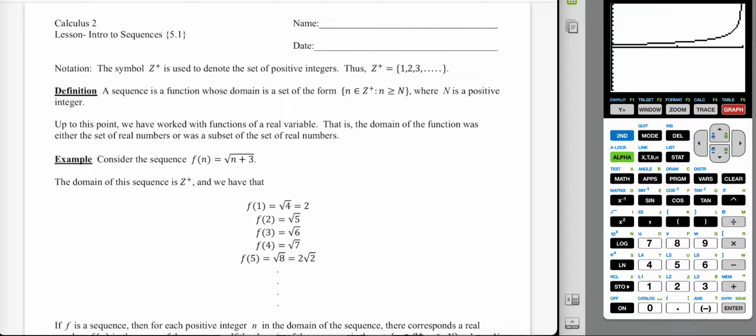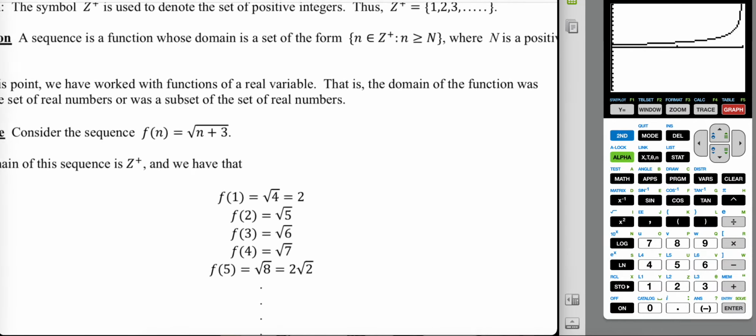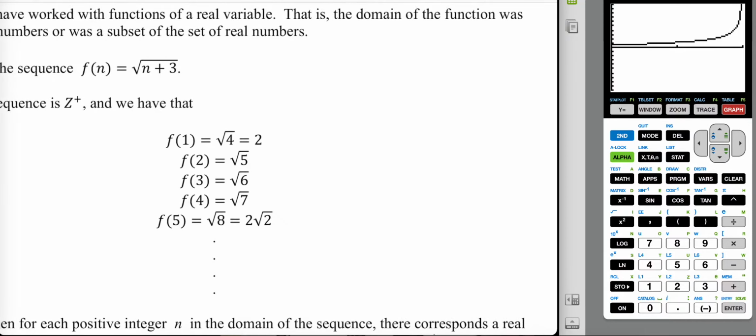That is, the domain of a function was either the set of real numbers or a subset of the set of real numbers. So we have a sequence here, where the domain is the positive integers. And you can see that the value of f of n relies specifically on only positive integer values, because that's how we defined it.